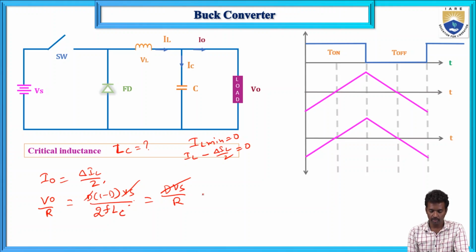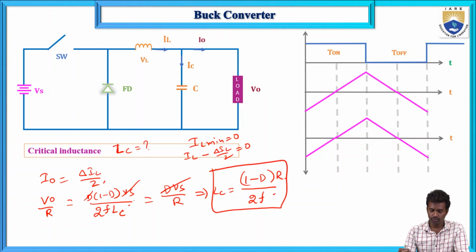This is the minimum critical inductance, and LC equals 1 minus D into R divided by 2 into F.